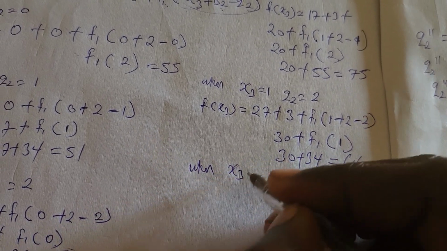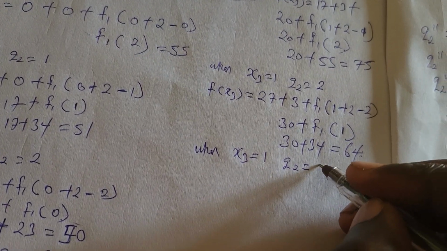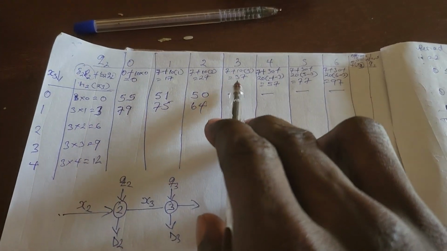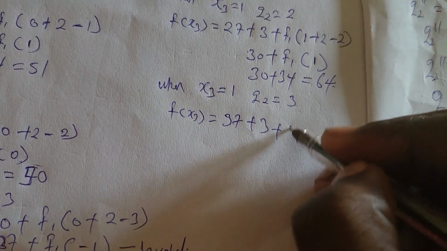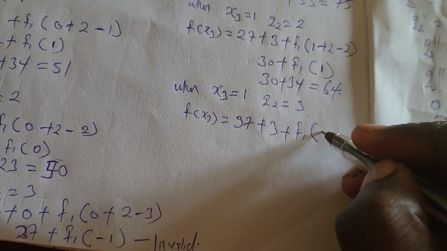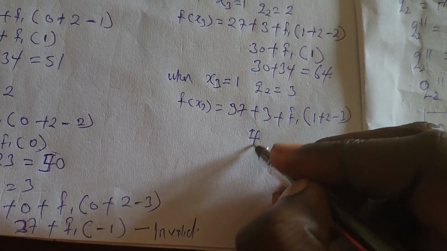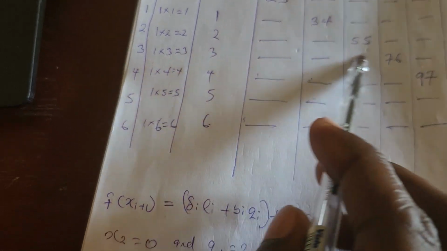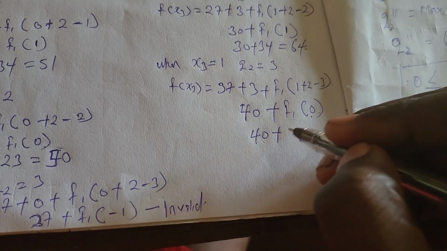When X3 is equal to 1, Q2 is equal to 3, right? F of X3 is equal to, the purchase and setup at this point is 37. 37 plus 3 plus F1 of 1 plus 2 minus 3, that's 40 plus 0. When S2 is equal to 0, my cost there is 55. That's 40 plus 55.